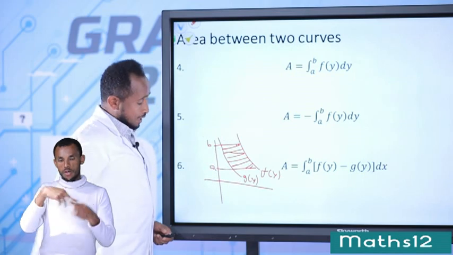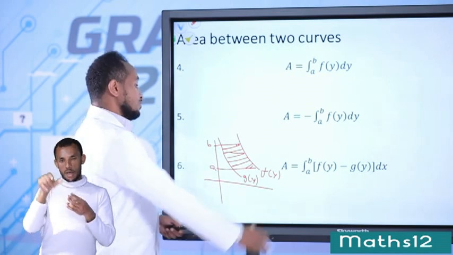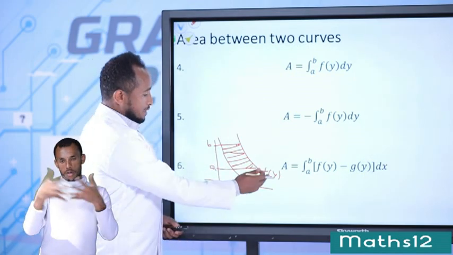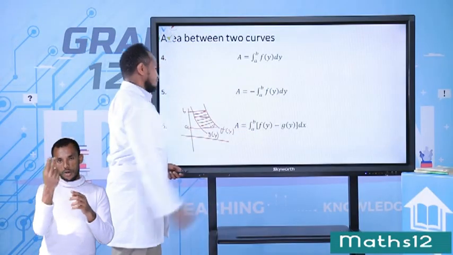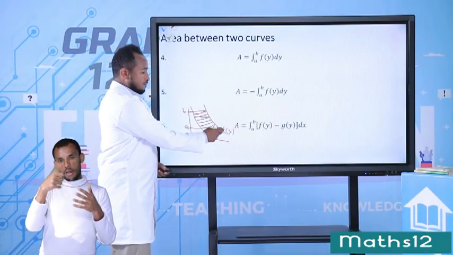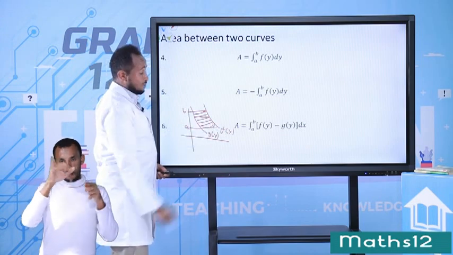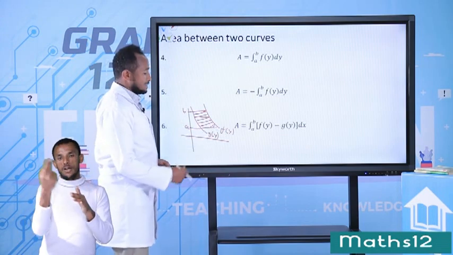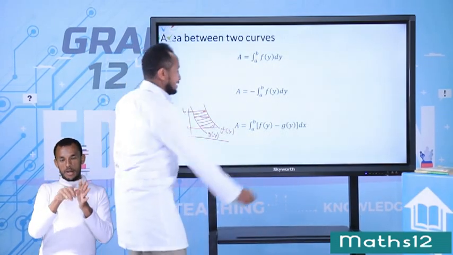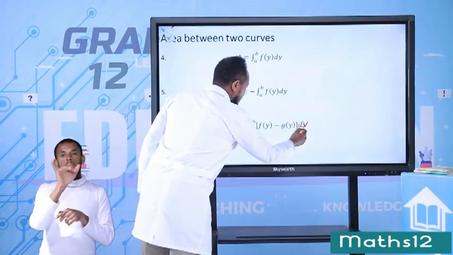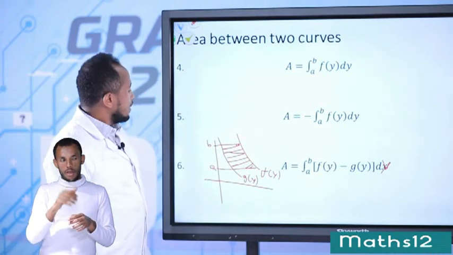If you are asked the area of this region, simply you integrate this function by taking the difference of the two functions. So the area is equal to the integral from a to b of f of y minus g of y dy, the upper function minus the lower function when it is along the y-axis.